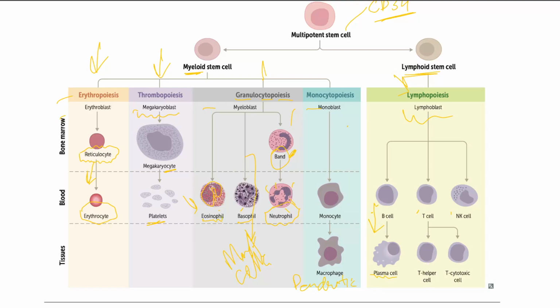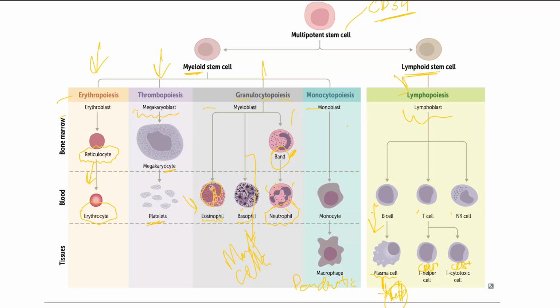T cells will form T helper cells and T cytotoxic cells, so CD4 cells and CD8 cells. The plasma cells are going to form the antibodies.